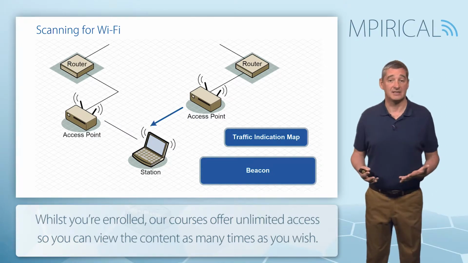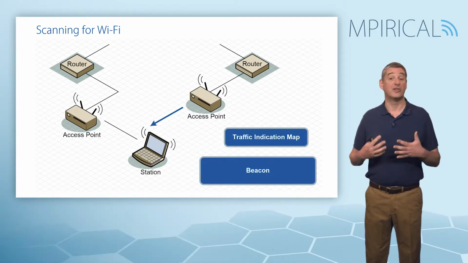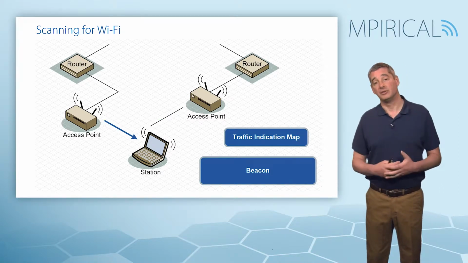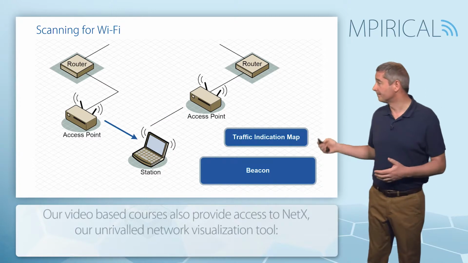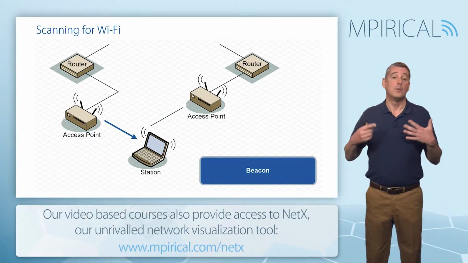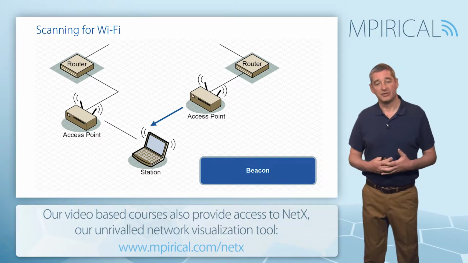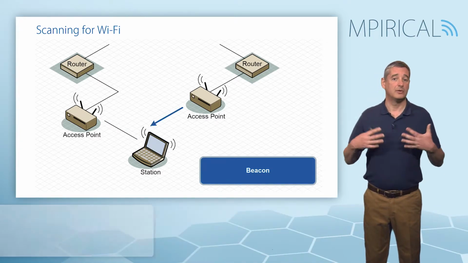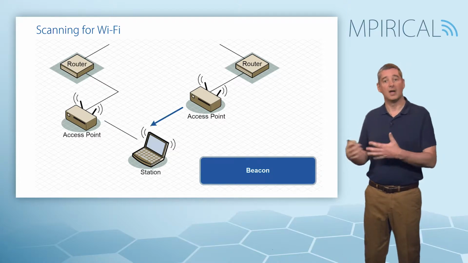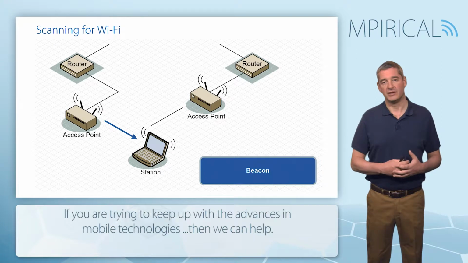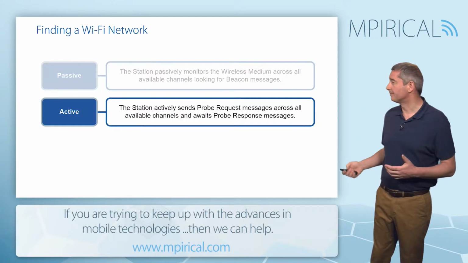It simply indicates to these stations that the access point is holding data on their behalf, ready for when they wake up and are able to receive this information. So we can see in this methodology that our stations monitoring the beacon messages on the various Wi-Fi channels will be able to build up a list not only of the various access points in their vicinity, but also the capabilities of these particular Wi-Fi networks.